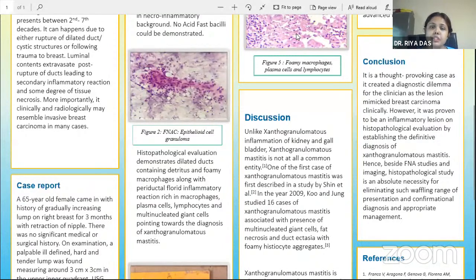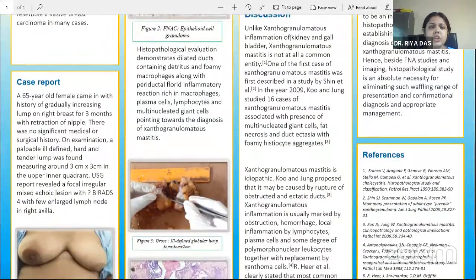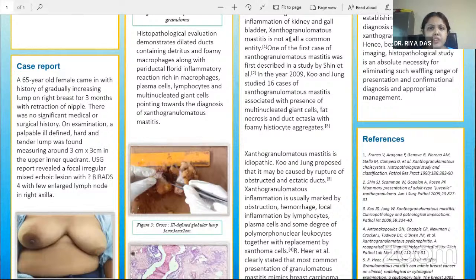They also concluded that the major inflammatory cells involved were multinucleated giant cells, macrophages, and plasma cells. Another study demonstrated that xanthogranulomatous inflammation is associated with obstruction of dilated ducts, presence of hemorrhage, lymphocytes, as well as polymorphonuclear leukocytosis and replacement by xanthoma cells.